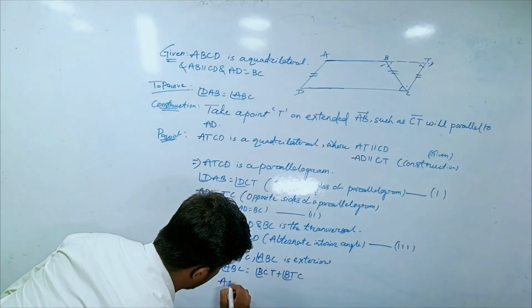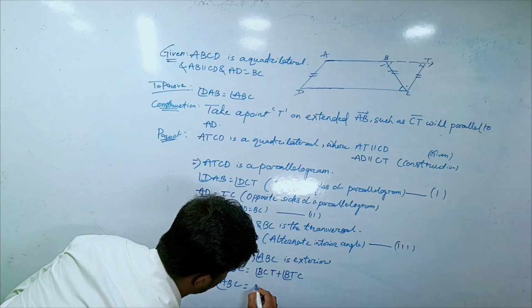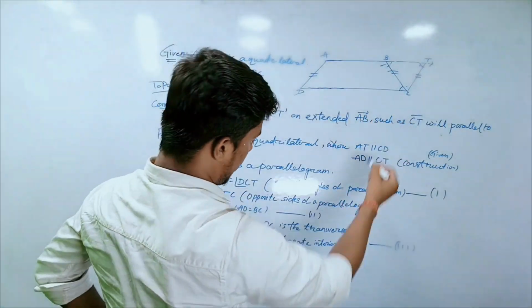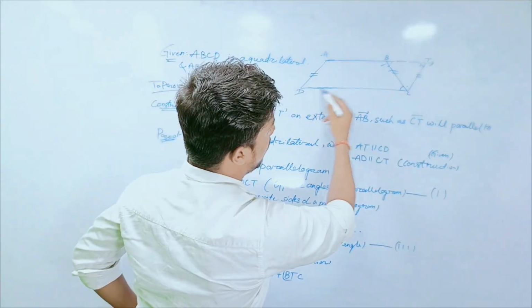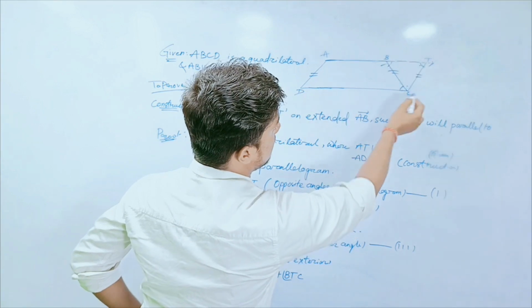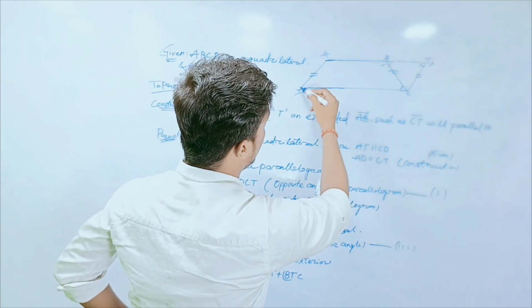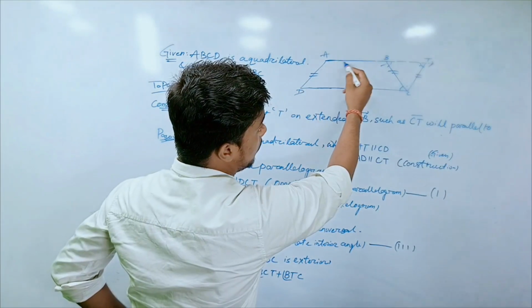But look how we are writing. We have to prove here ABC equal to DCT. If DCT equal to ABC, and DCT equal to DAB, then we can write DAB equal to ABC.